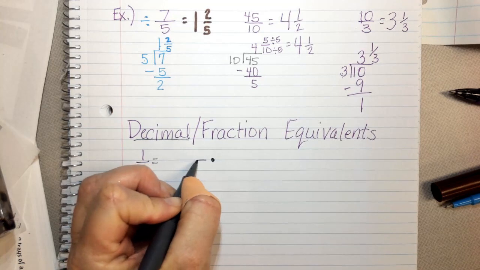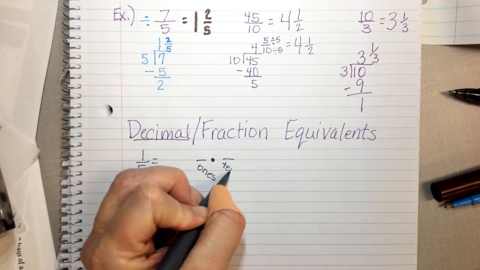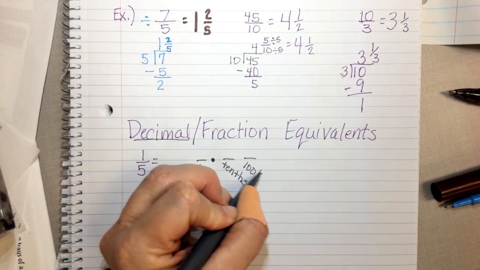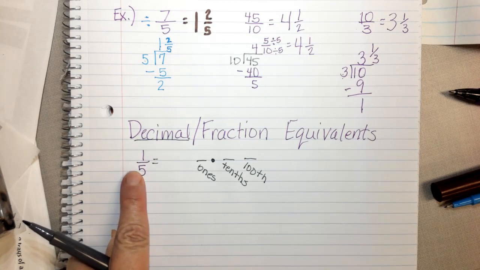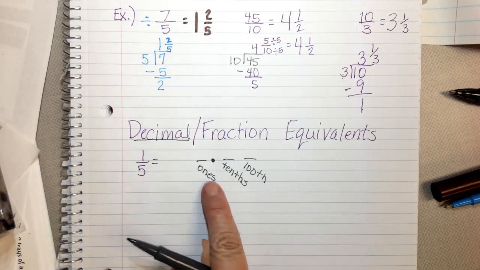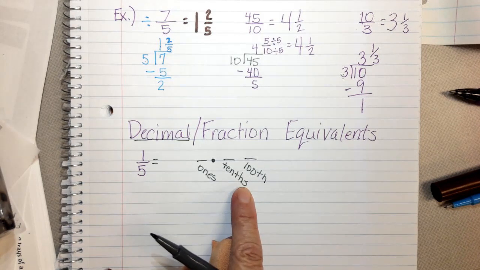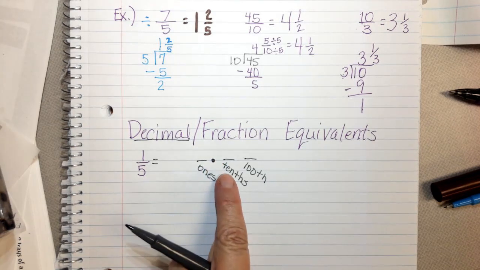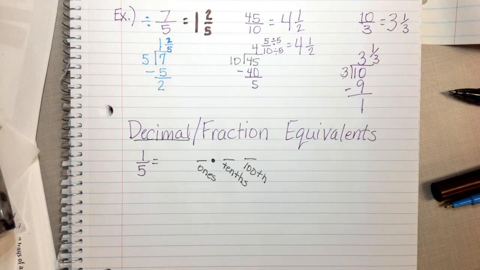We have our ones place, our tenths place, our hundredths place, and our thousandths. But when I look at this fraction, it's 1/5. Do we have any fifths over here? No. We have to think about what we could do to the fraction 1/5 to get it with a denominator of 10 or 100. What could we do with that?